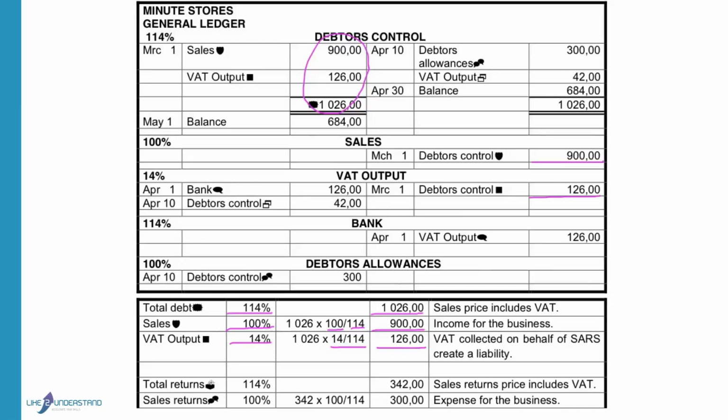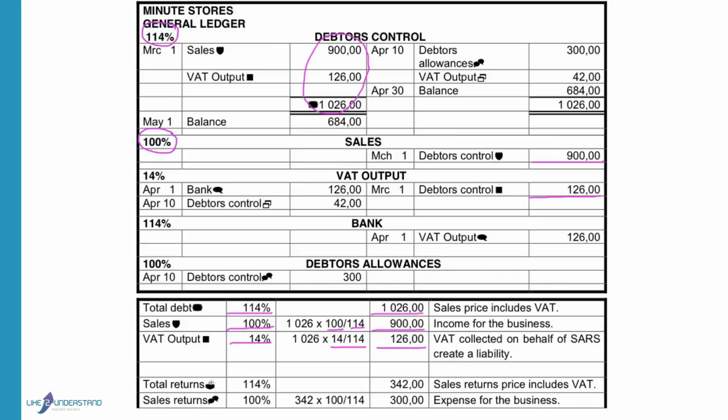If we look at the percentages, you will see that the debtors control is a 114% account because it includes the money for the business and the VAT. Sales and all other income and expenses can only be 100% account. You can never include VAT in any income or expenses in your general ledger or in your income statement because the VAT does not belong to the business, it must be paid to SARS.